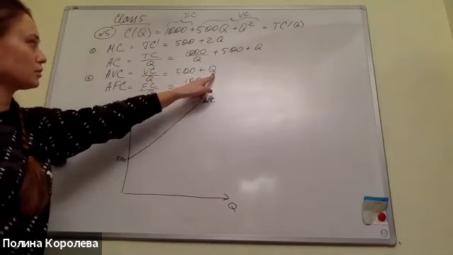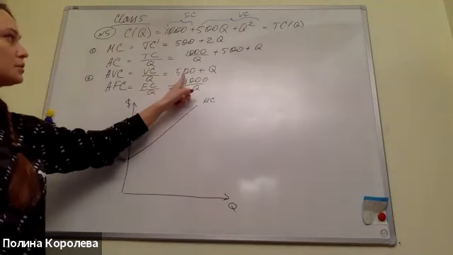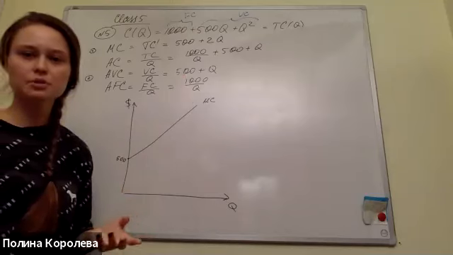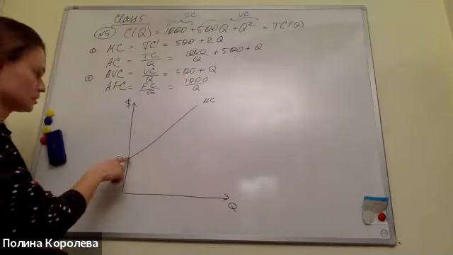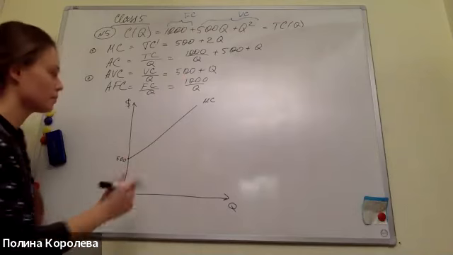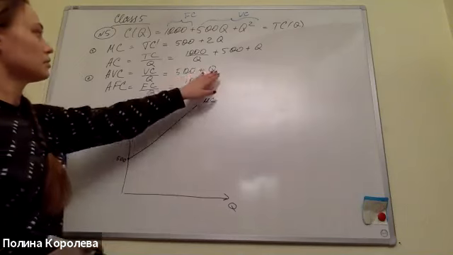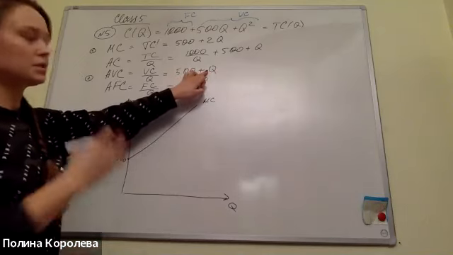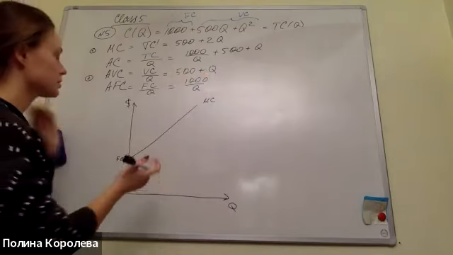It starts also from 500. If quantity is equal to 0, average variable costs are equal to 500. And you know it from the lecture that average variable costs and marginal costs start from the same point. Here we have a flatter slope.